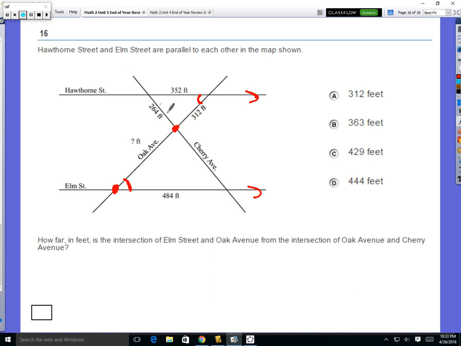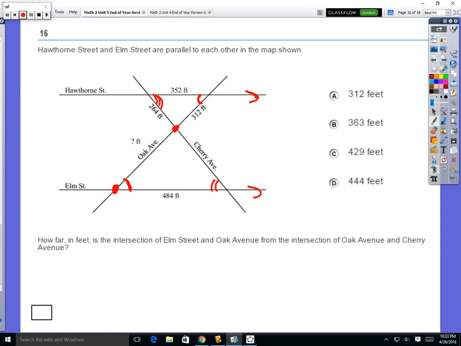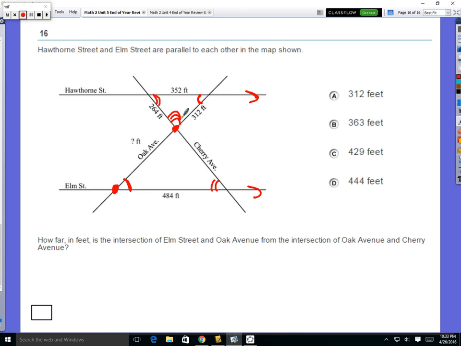And if you look at this as a transversal, this angle is going to be the exact same as that angle. Okay, now this angle is the exact same as that because they're vertical angles. So I know the little triangle and the big triangle are the exact same shape. This one's just been blown up a little bit.